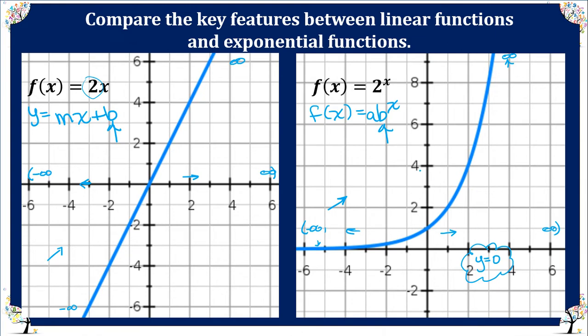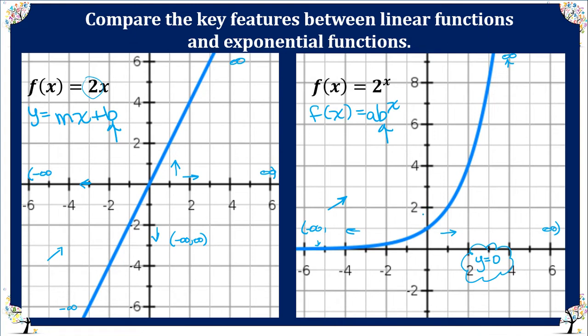The other thing that is a little different is the range. For this linear function, the range, which is our y values, is going to be from negative infinity to positive infinity. So it continually goes down, it continually goes up. But for this exponential, remember, range is how far down, how far up.